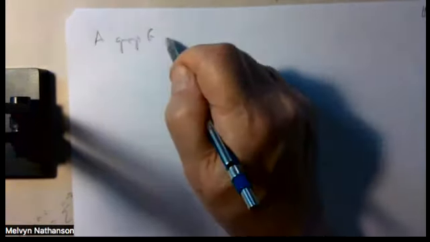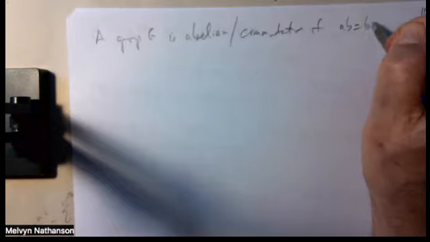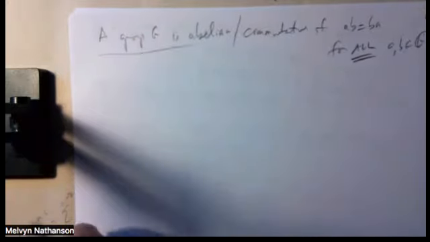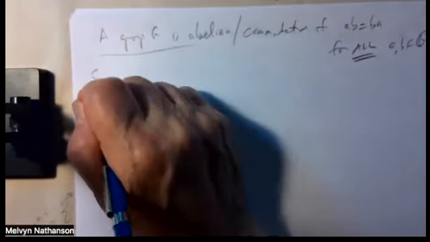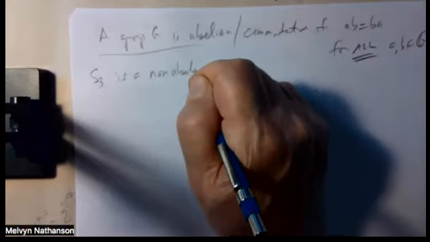Remember that a group G is abelian or commutative if ab equals ba for all a and b in the group. But not all groups are abelian, and we saw that S3 is a non-abelian group.